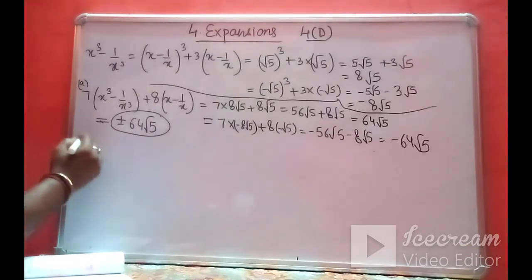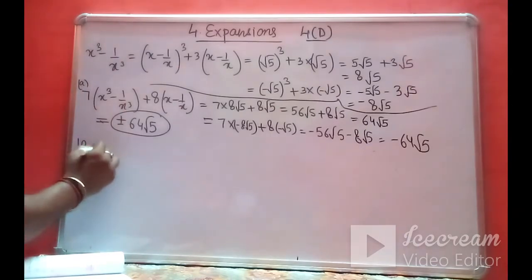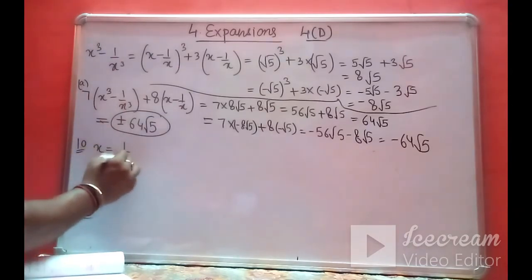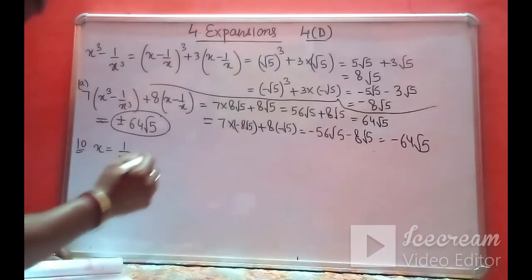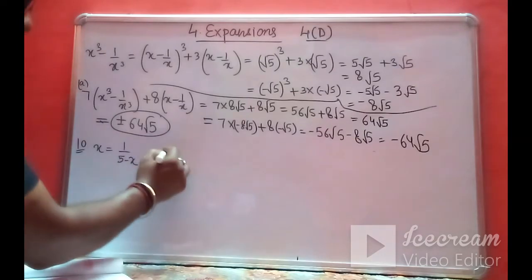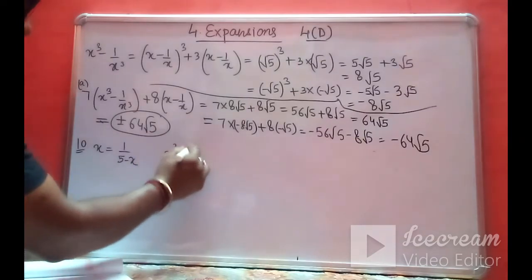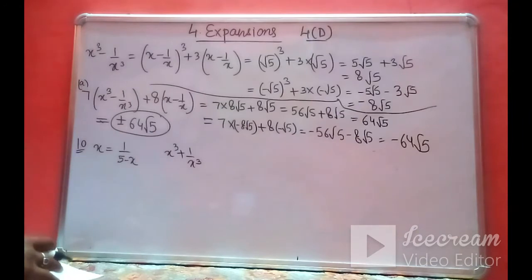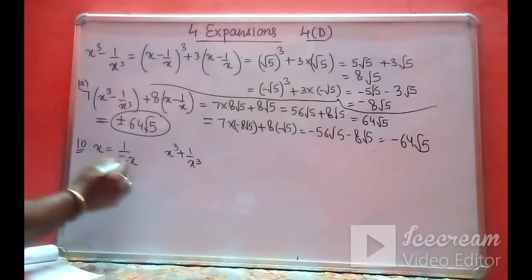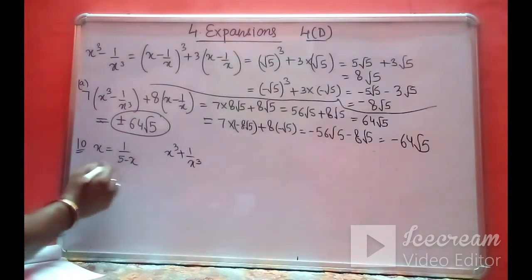Okay, so in question number 10, x equal to 1 upon 5 minus x. With the help of this we have to find the value of x cube plus 1 upon x cube. So what we are going to do again, we will do the cross multiplication.